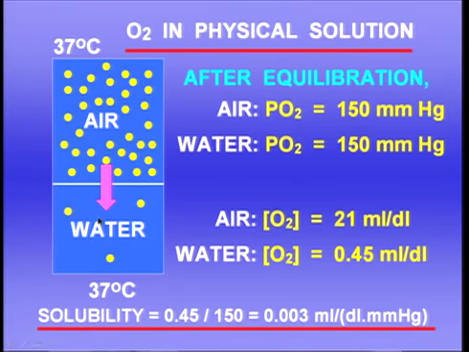By equilibration, we mean we wait until the number of oxygen molecules entering the water is the same as the number escaping. We've got equilibrium. And the question is, what is the partial pressure of the oxygen in the water? The answer is that it's the partial pressure of the gas in equilibrium with the water.